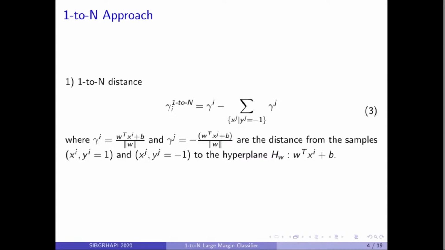First, based on the distance used for SVM to obtain maximal margin, we propose a broad distance definition called the one-to-n distance. In the binary classification setting, the one-to-n distance computes the difference between the distance given for one positive sample and all the negative samples. These distances are the distance from one sample to the hyperplane, defined by W and B.